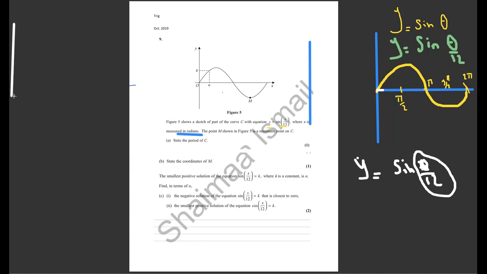I'll keep this normal graph here and then write the normal equation here. So here will be y equals sine theta, and here I'm going to write sine theta over 12.